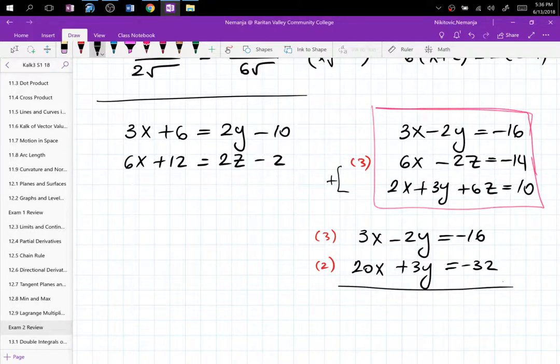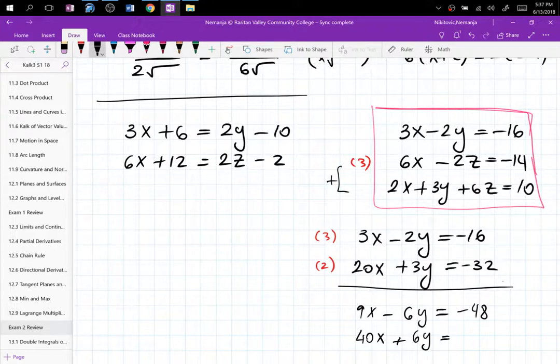All right, so the top one is 9x minus 6y equals negative 48. Bottom equation is 40x plus 6y is equal to negative 64.